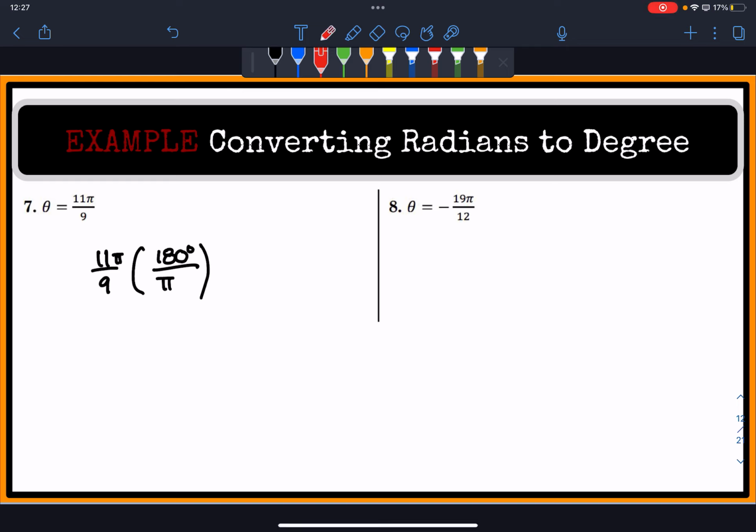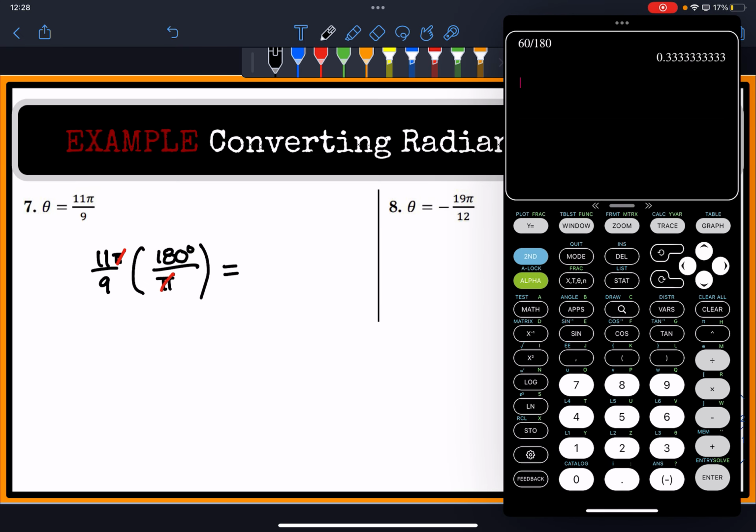Since we multiply this number by pi but then divide by pi, that automatically reduces the pi values. We end up with 11 times 180 is 1980 over 9. Dividing that number by 9, we end up with 220 degrees. So our answer is this.